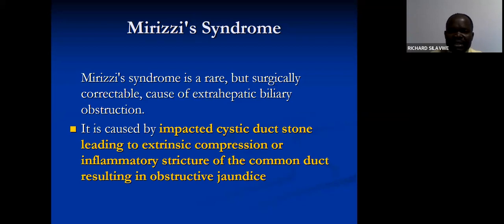So you find that there will be obstructive jaundice when the cystic duct is obstructed, but they are saying here that it can be corrected by surgery. So surgically, the surgeons are able to remove the stones.